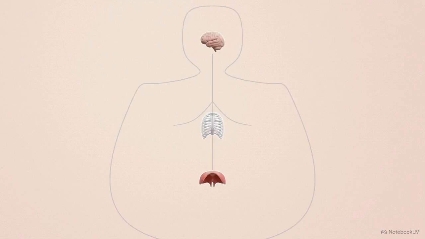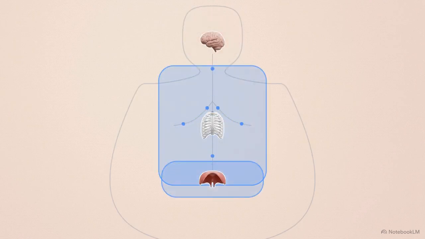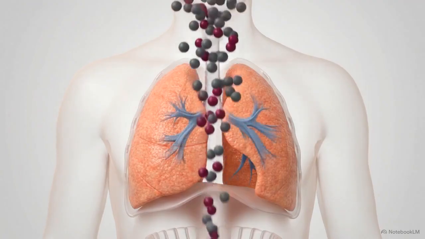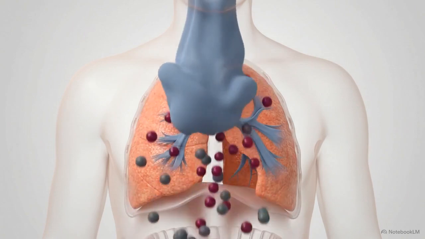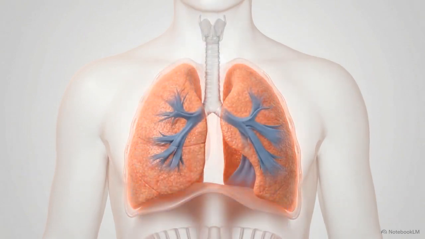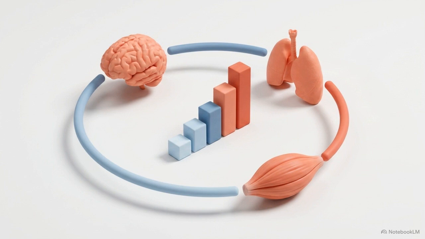In response, the brain fires rapid nerve impulses to the external intercostal muscles and the diaphragm. Ventilation rate and depth increase. The body aggressively vents excess carbon dioxide while simultaneously pulling in more oxygen to meet the cell's heightened demands. The respiratory system operates as a chemically triggered waste management loop that automatically scales to handle metabolic stress.